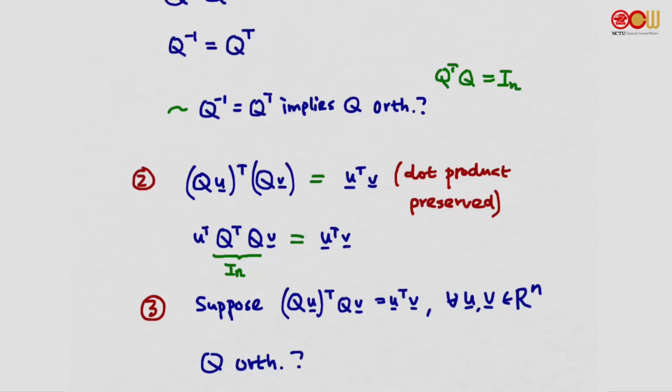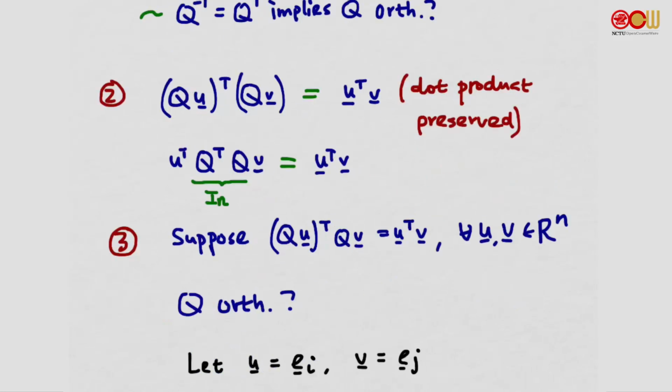Well, this is true for all U, V vectors, right? And to see if Q is orthogonal, we need to check its column vectors. So let's try to choose some U, V which will reveal its column vectors. Let's choose U to be the ith standard vector and V to be the jth standard vector.